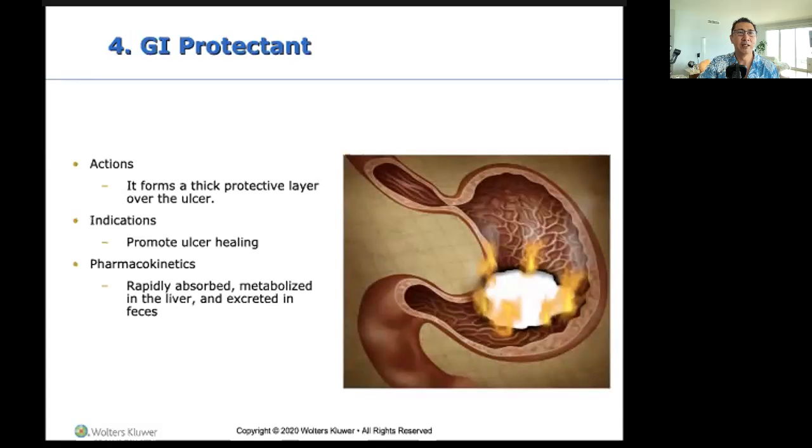Promotes ulcer healing, rapidly absorbs. So when these patients take this Carafate, it soothes the burning pain in their stomach. As I explained earlier, it's like giving them Dilaudid or morphine. Their stomach starts feeling well almost instantly because of that coating.